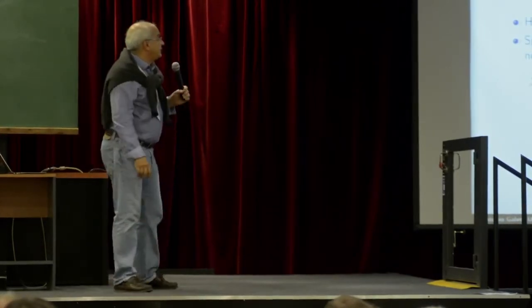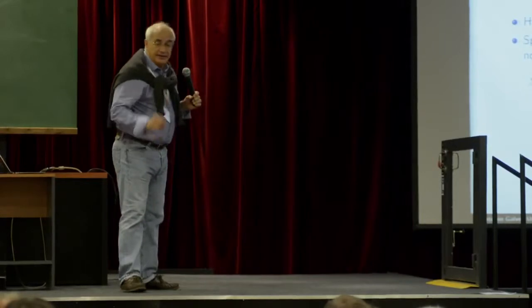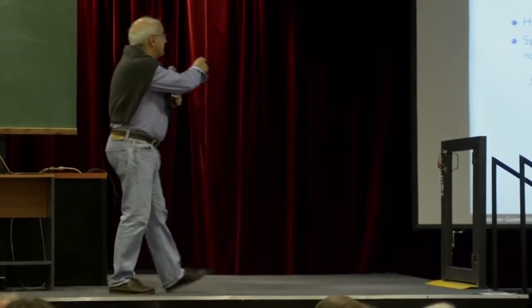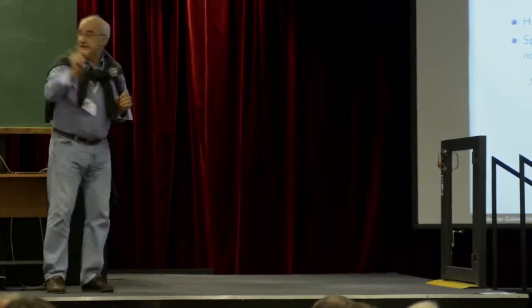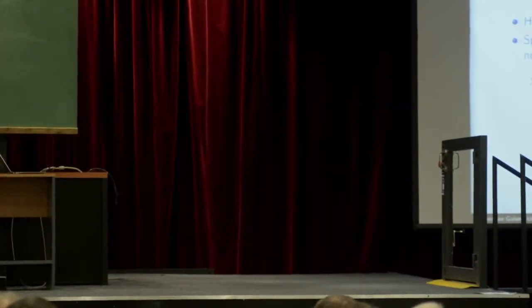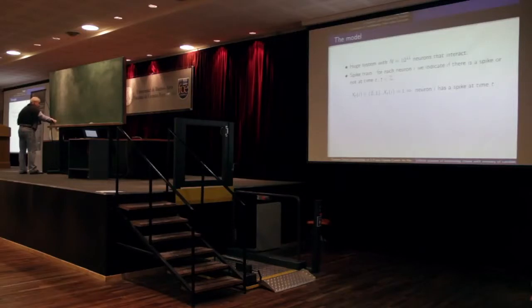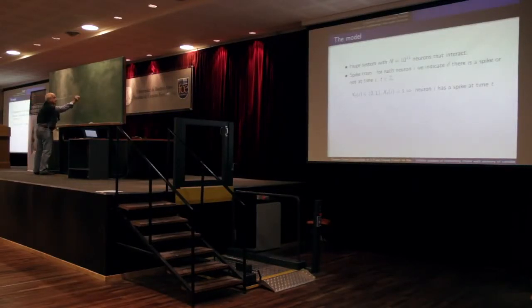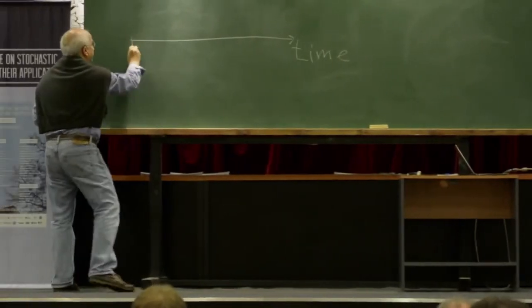So, a spike train. For each neuron i, we indicate if there is a spike in this neuron at a certain time. Time actually is a time window. So I put time here. Can you read the time here? And then you have spike.